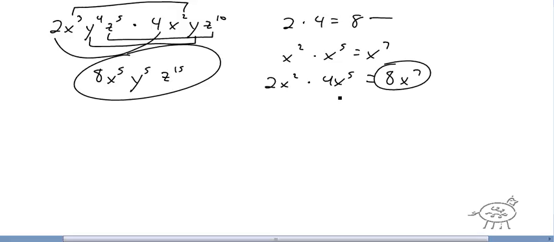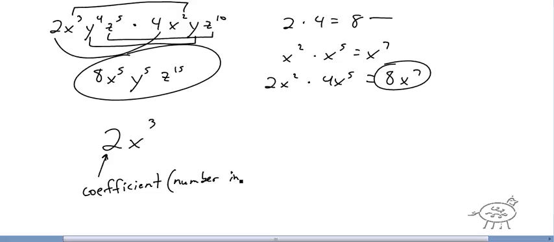Whenever you multiply, you add your exponents together. Real quickly, which I didn't mention, let's talk about some terminology here. I used this already, but I think it's good to mention again. 2 is your coefficient. And that's the number in front of the first variable.